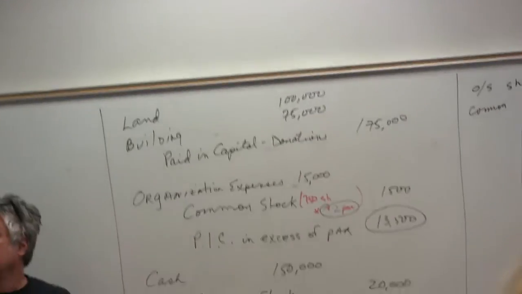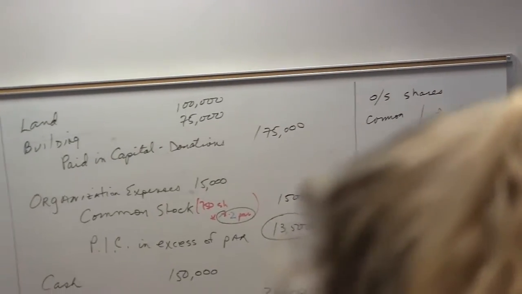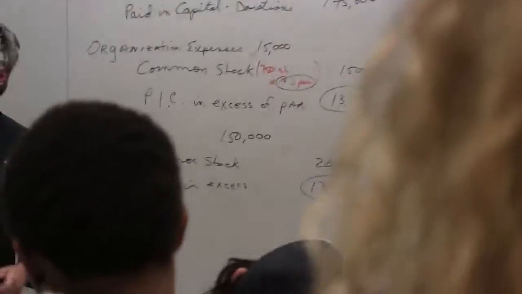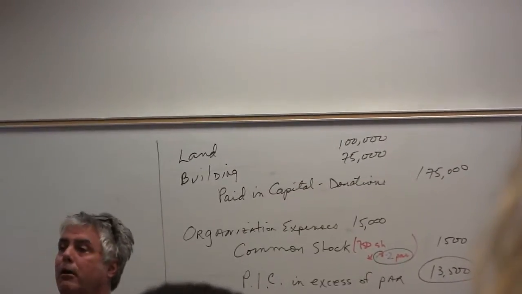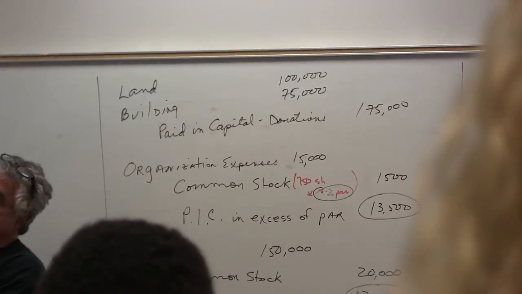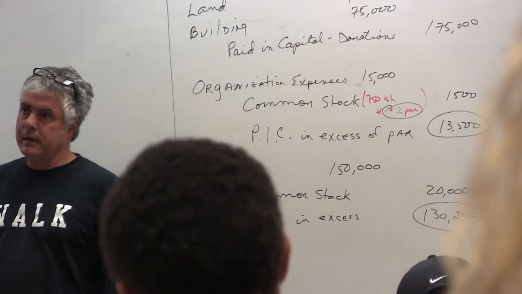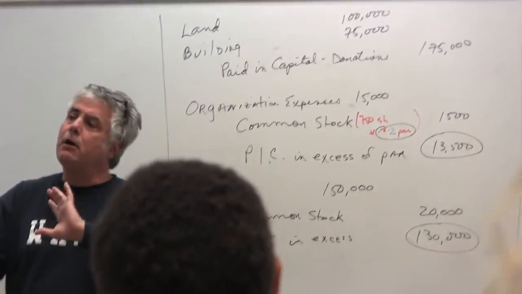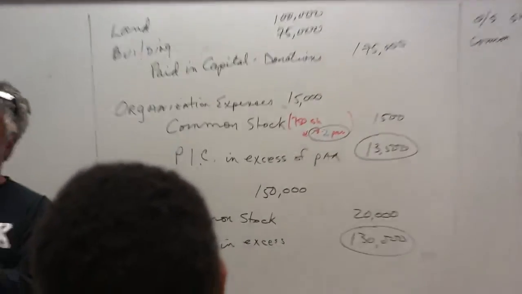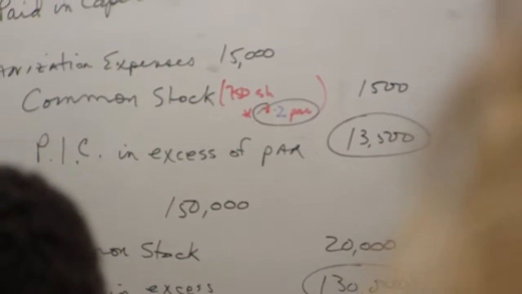Okay? So, there is no rhyme or reason to it. And the reason there's no rhyme or reason to it is because that $2 par was a completely arbitrary number that I picked out 6 months ago.